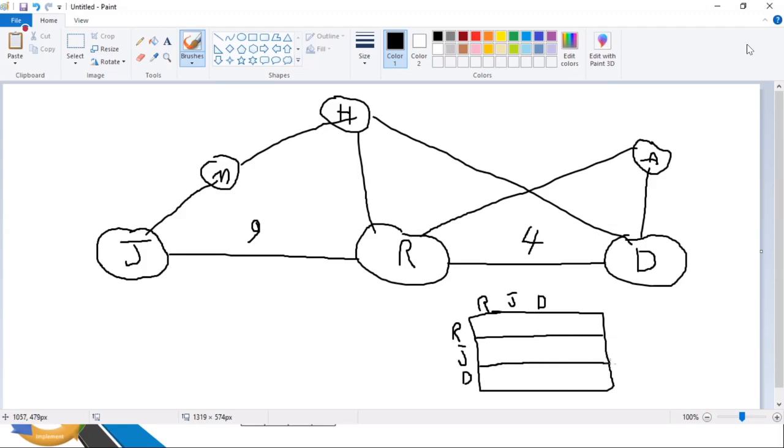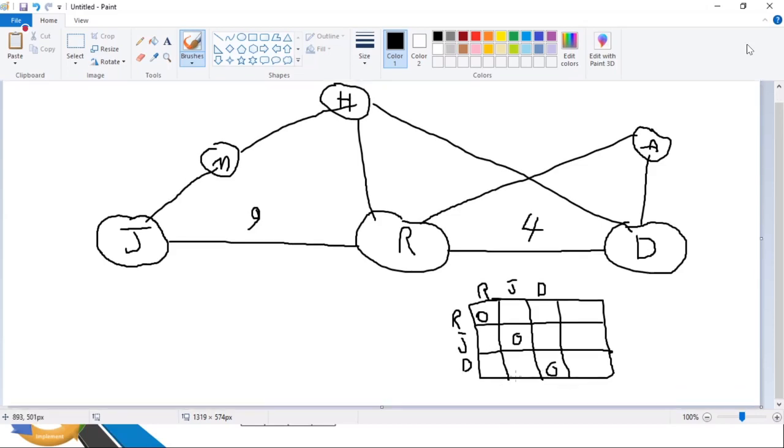Now you will start building the matrix as follows. From Riyadh to Riyadh, what is the distance? 0. From Jeddah to Jeddah, still 0. From Dammam to Dammam, 0. Even if you have 1 or 2 or 5 cities, it will keep saying 0 because there is no self distance.